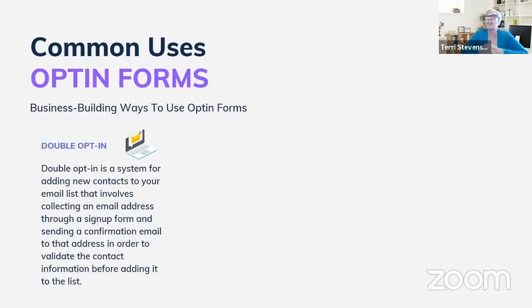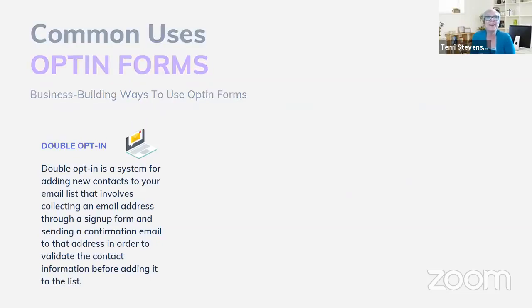So one of the very first things that I really want to stress to you, you really need to do those double opt-ins to qualify and make sure you're working with very real people and you've got a great list. It's an extremely, extremely important thing to do. So I just can't say it enough.